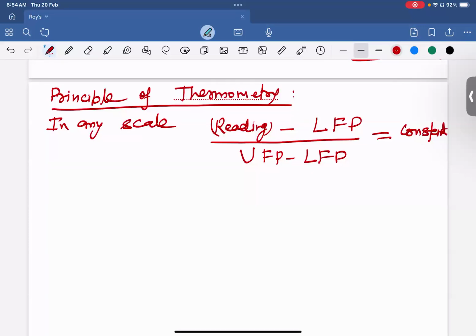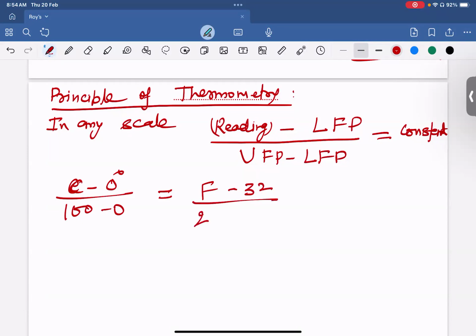Like in, let's suppose Celsius scale reading is C. So C minus lower fixed point is 0 degree, C minus 0, upper fixed point is 100 minus 0. It should be equal to the Fahrenheit scale reading is F, let's suppose, and lower fixed point is 32.